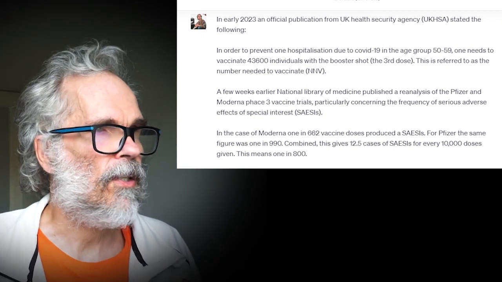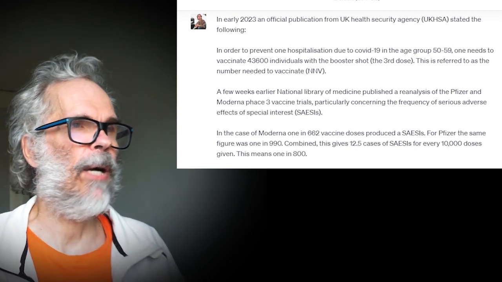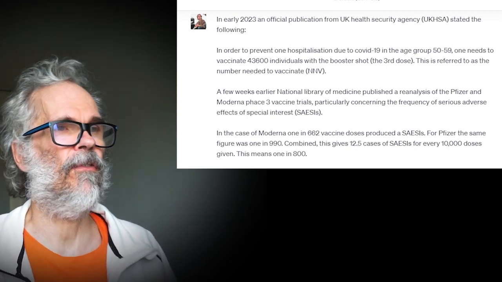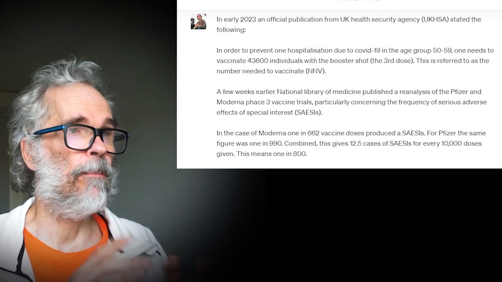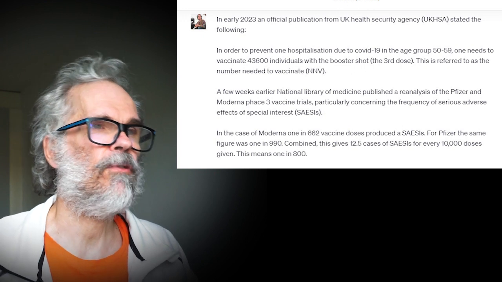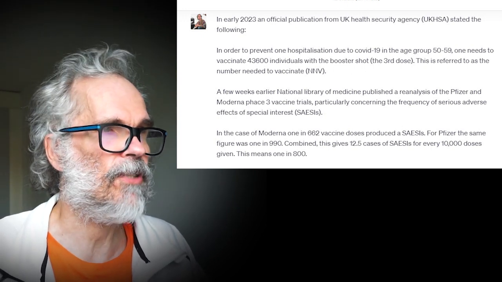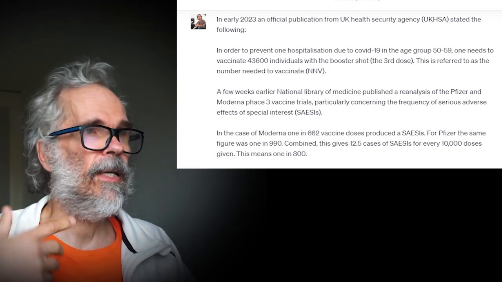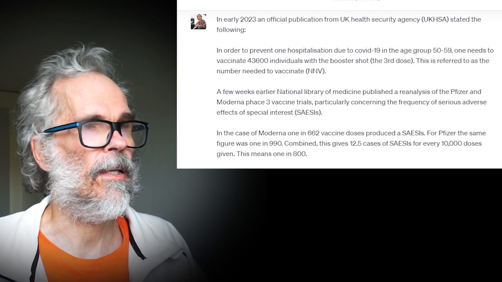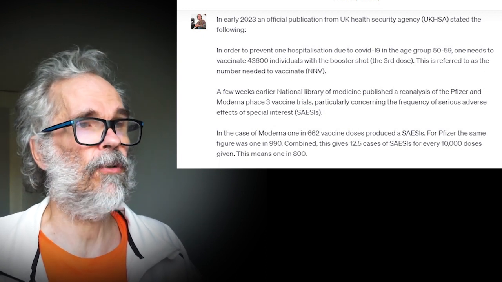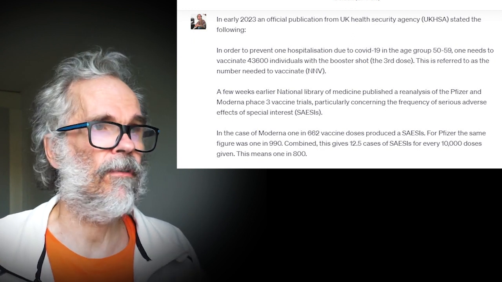A few weeks earlier, the National Library of Medicine published a reanalysis of the Pfizer and Moderna phase 3 vaccine trials, particularly concerning the frequency of serious adverse effects of special interest. In the case of Moderna, 1 in 662 vaccine doses produce these adverse effects.